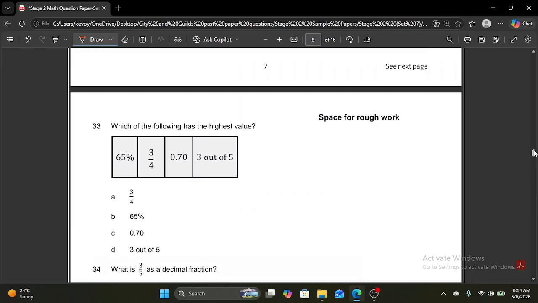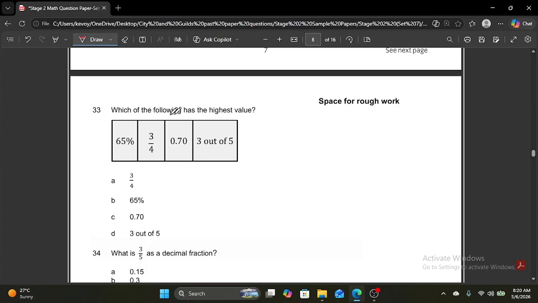So which of the following have the highest value? So we have these ones right here: 65%, 3 over 4, 0.70, and 3 out of 5.